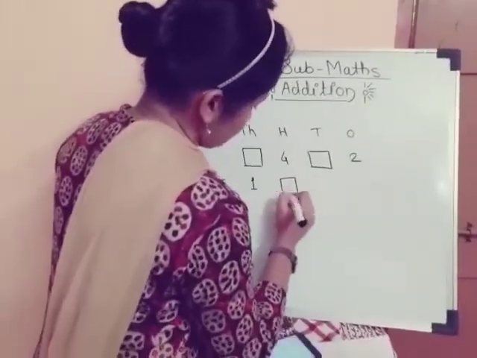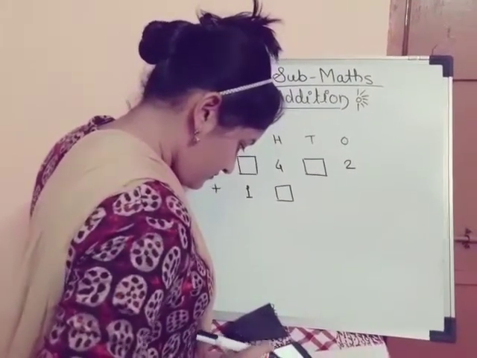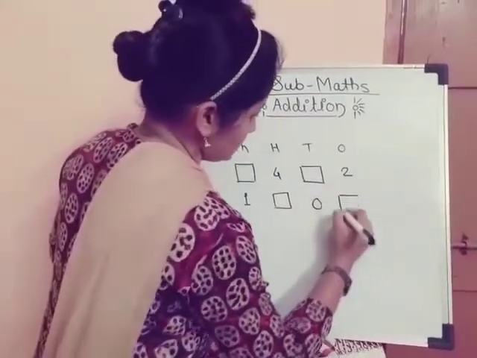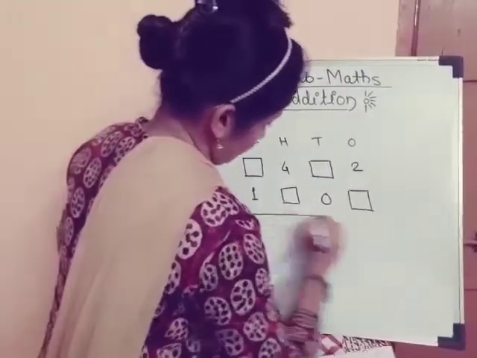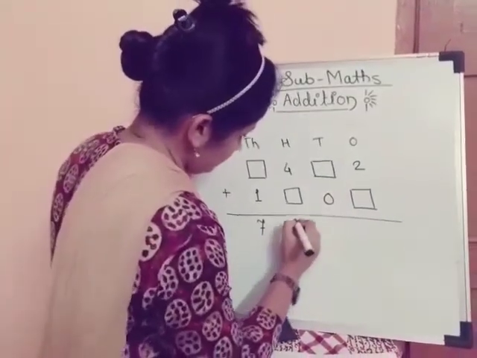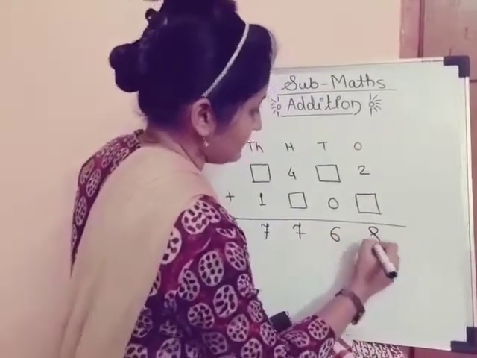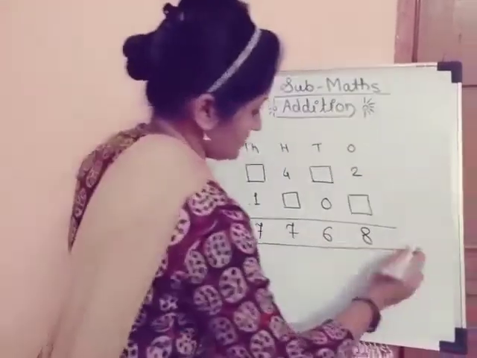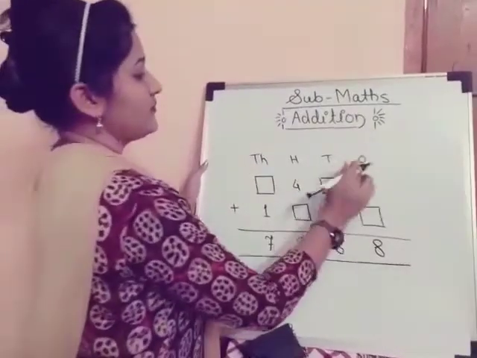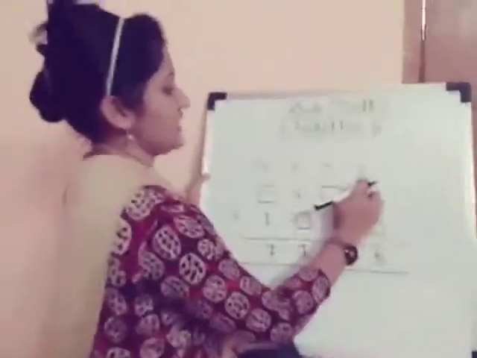Again this digit is missing. Here 0, and again this digit is missing, and at the place of answers you have the digits like 7, 7, 6, 8. If you have the digits of the numbers which you are adding this way, according to their place value, arrange it properly: 1000, 100, tens and ones.